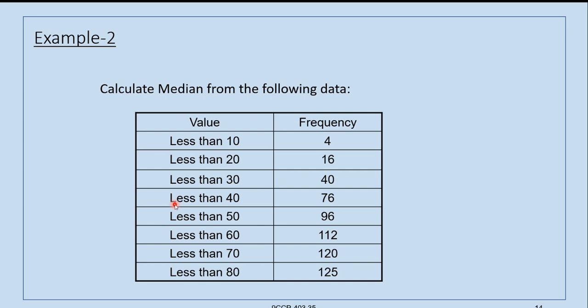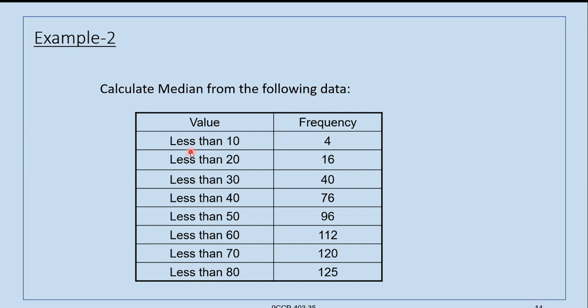lower limit of the next class interval. That means here the upper limit is 10 and here the lower limit will be 10. Here the lower limit will be 20 because the upper limit is 20 here. Likewise, the lower limit can be determined by taking the 10 gap because everything has a 10 gap.